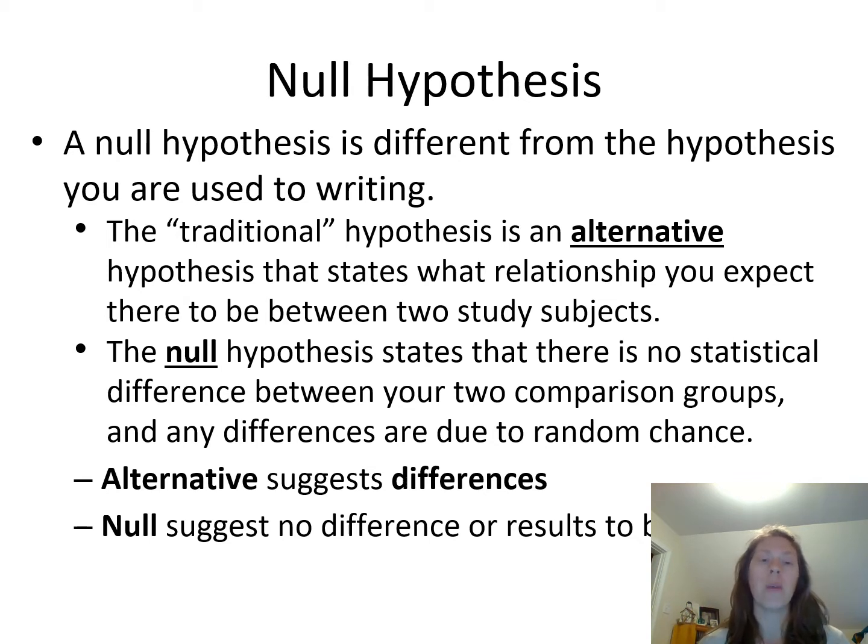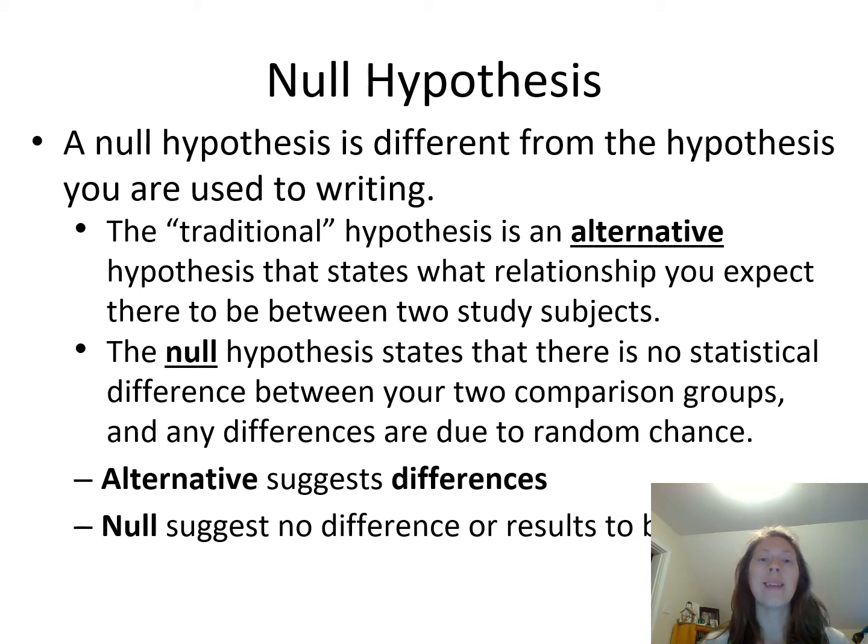So there's a relationship between those. However, the null hypothesis states that there's not going to be any statistically significant difference between these two groups or these two situations. Anything that is different between them could be explained by random chance. So an alternative suggests there's a difference, a null suggests there really shouldn't be a difference.